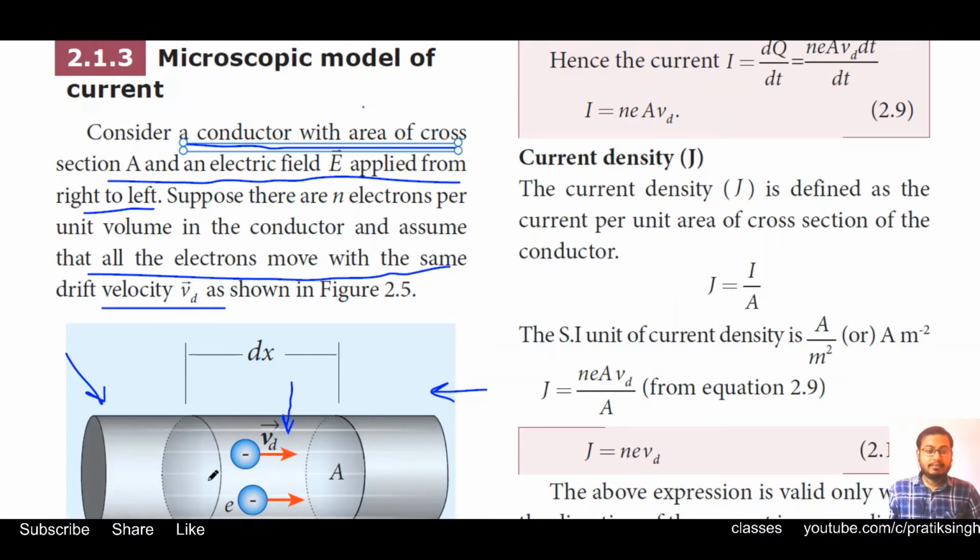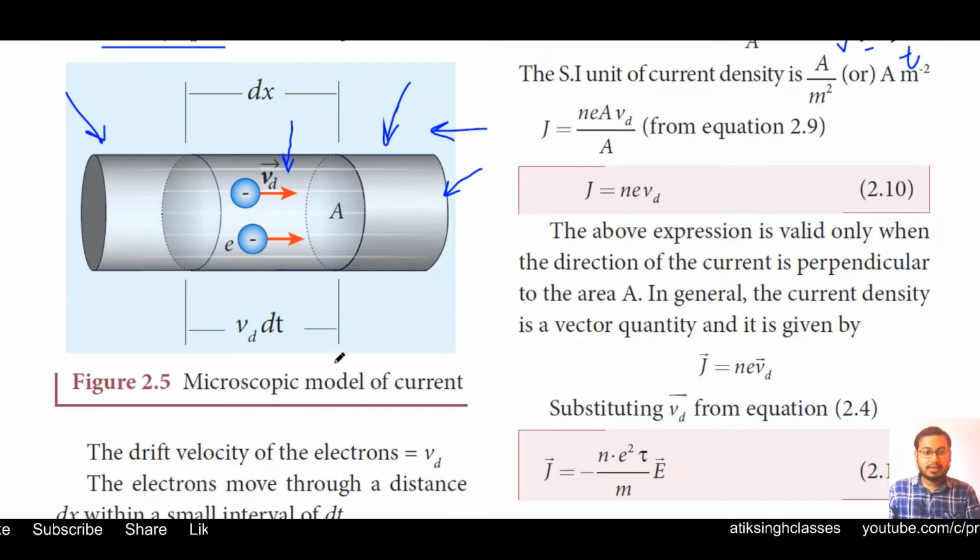Here there are n electrons per unit volume of this conductor, and all the electrons have the same drift velocity Vd, even though that is not possible. So let us imagine this is an ideal concept, with all the electrons having the same drift velocity Vd, as shown in this figure.